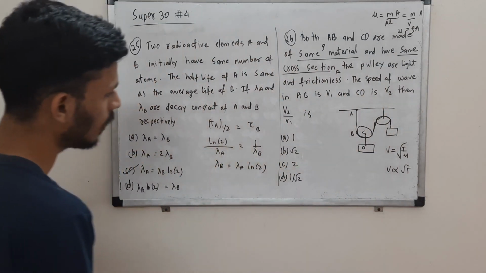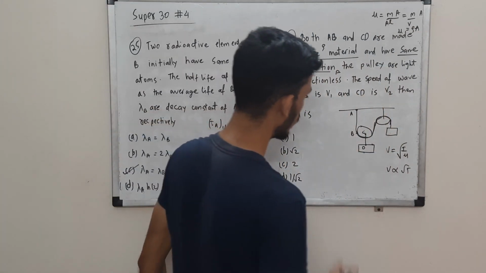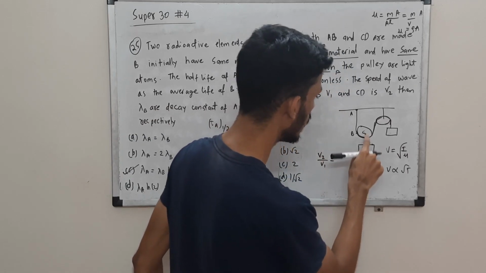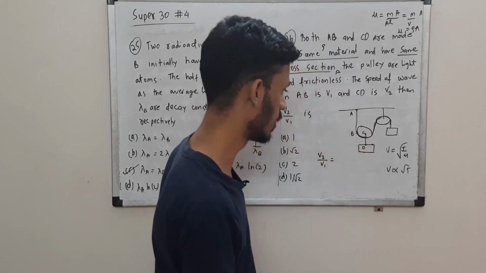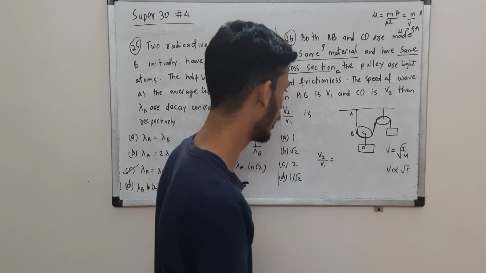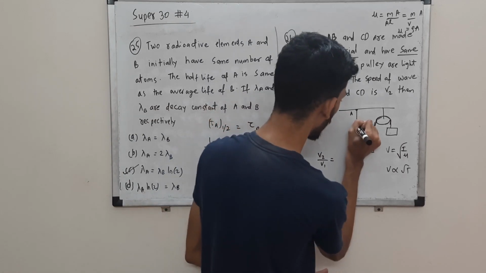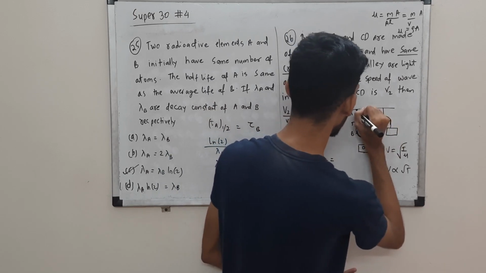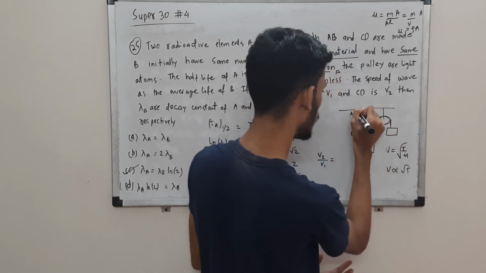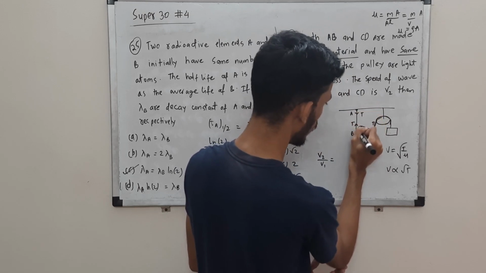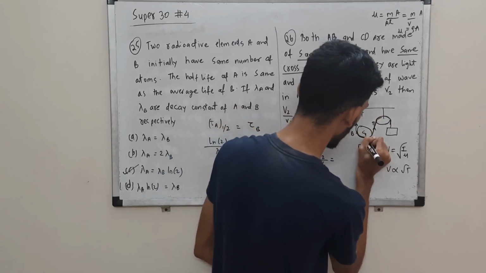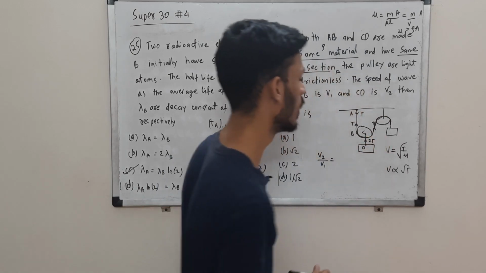Now we are supposed to tell the velocity ratio V2 by V1. V2 is the velocity in CD, right? So we need tension only. If we consider the tension here as T, here it also will be T, because it is the same string, right? And here the tension will be twice T for equilibrium.